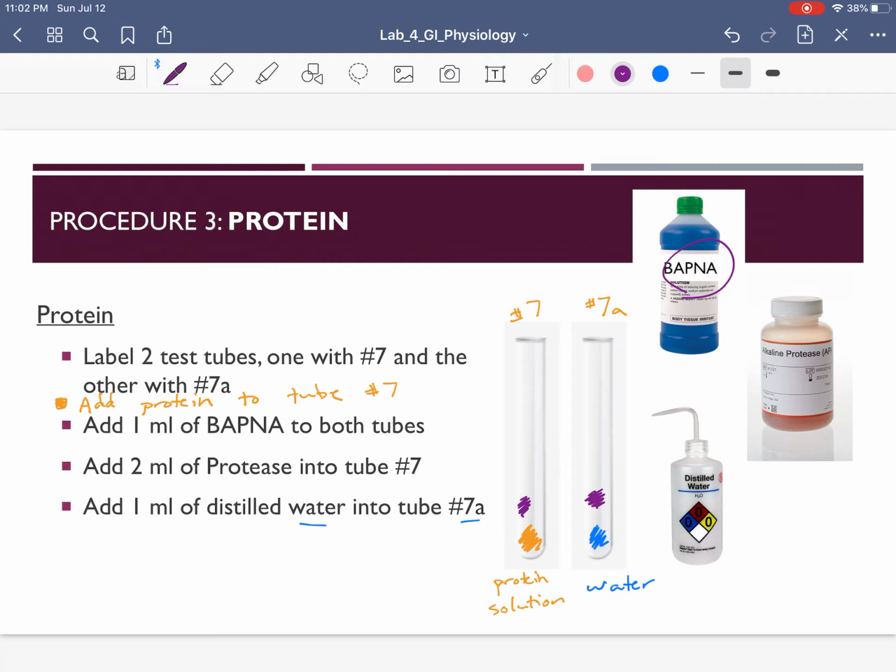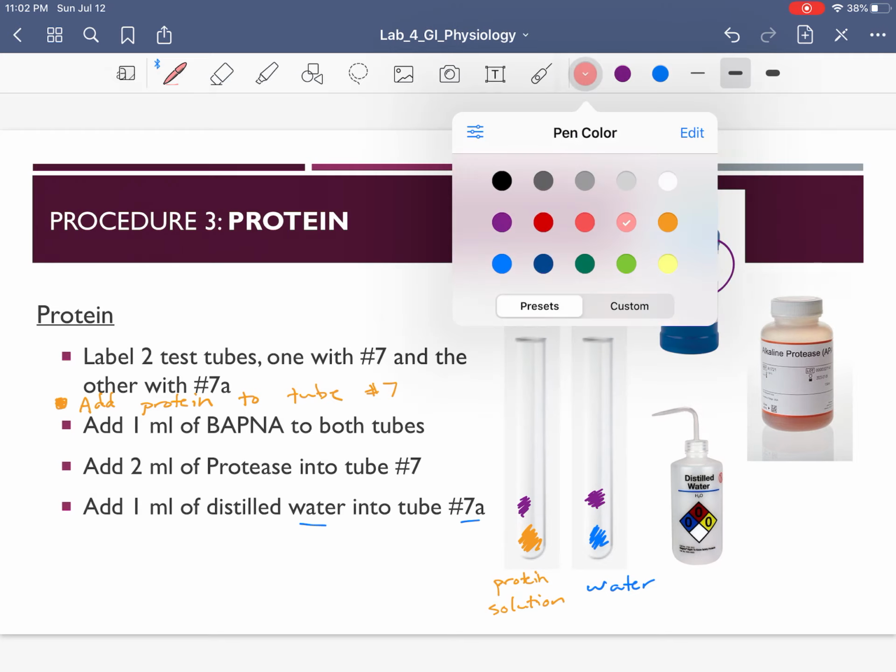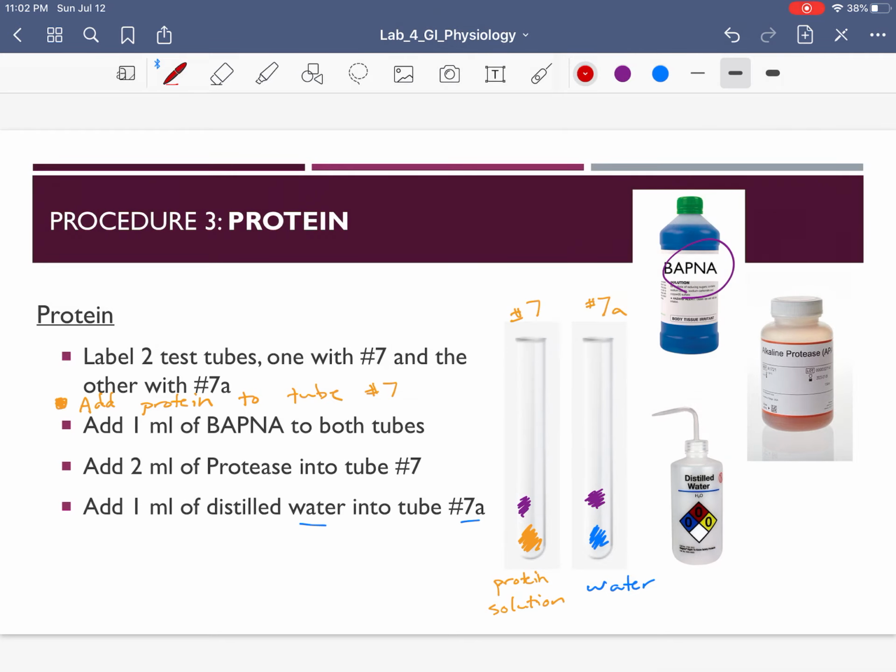This is not the enzyme, the BAPNA indicator. It only helps us know whether a nutrient is present or not because of a change in color. We're going to add protease only to tube number 7. So here we have our protease enzyme.